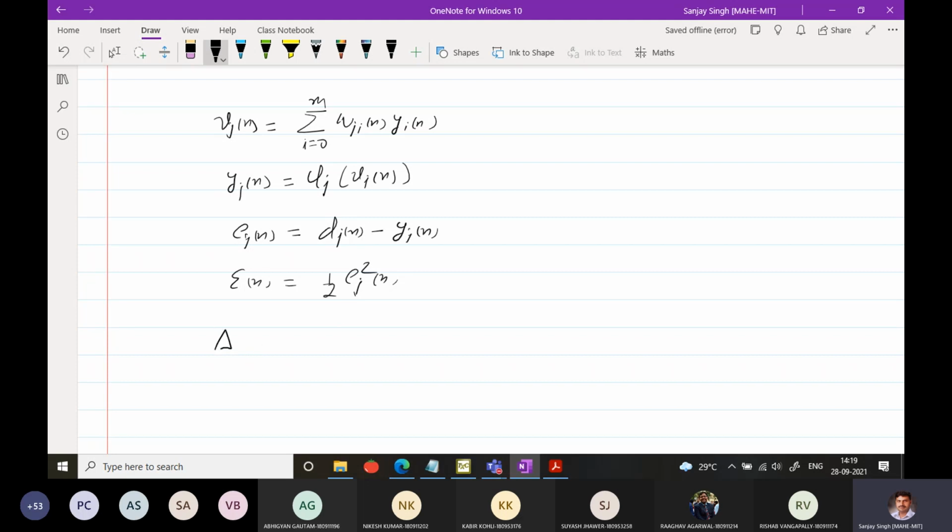Now we are saying that delta Wji(n) is directly proportional to the derivative of E with respect to Wji. If I see E, I cannot relate it to W directly. So as per the chain rule, we can do it in this fashion. E is depending on Ej, Ej is depending on Y, Y is depending on Vj, and Vj is depending on Wji.